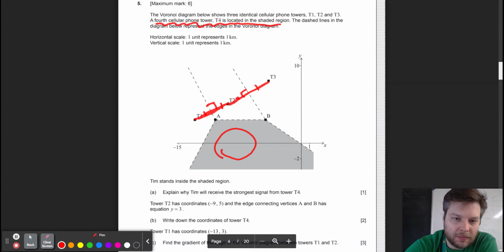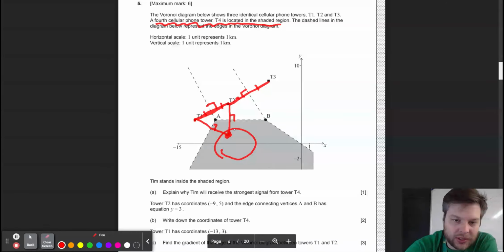I know that it's going to make a perpendicular bisector with T2, and I know it's going to make a perpendicular bisector with T1. So I know it's got to be right about here, just by eyeballing it, because that is what would divide the area into those different cells.